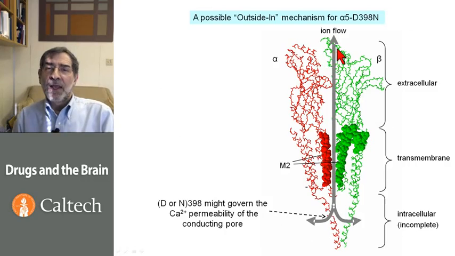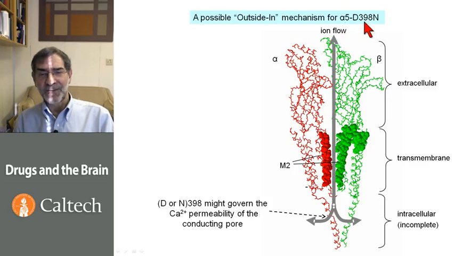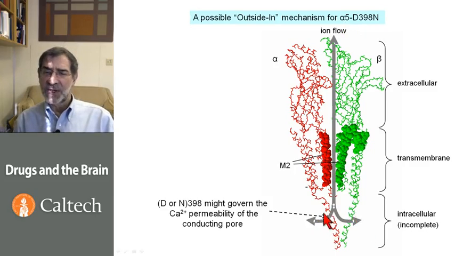So, a possible outside-in mechanism for this polymorphism, which we abbreviate alpha-5 D398N, is that although we don't have the structure, it seems to be in a region of the receptor that's near side windows in the receptor. And so when the current flows through the receptor, it actually flows through these side windows.